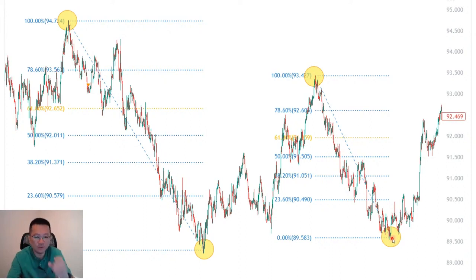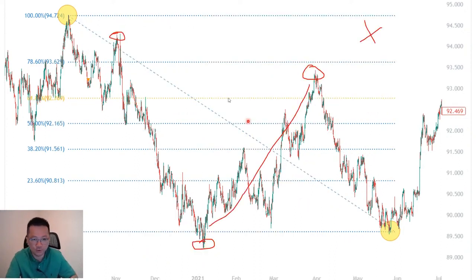one of the biggest common mistakes most traders come across is that they do tend to draw it right across, and they don't follow the trend too much.